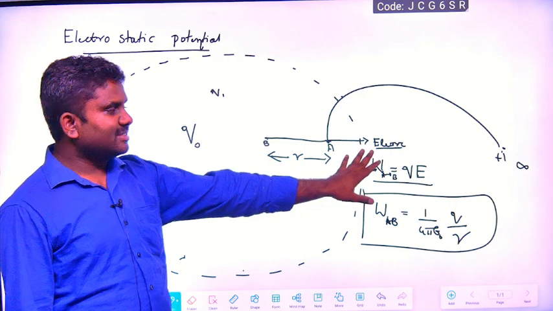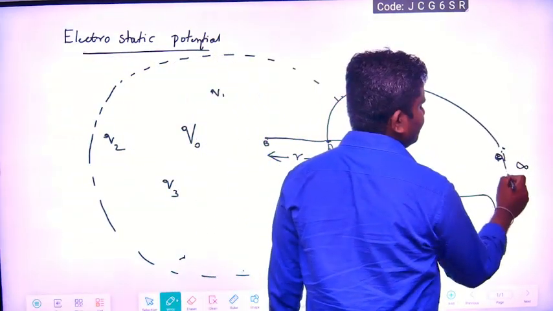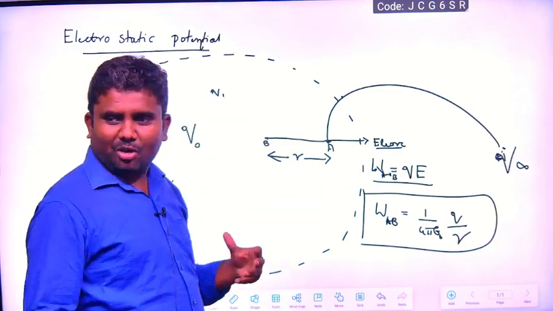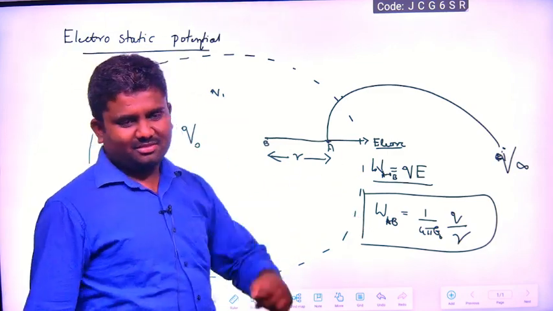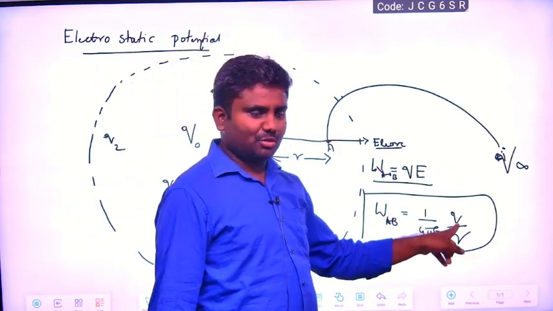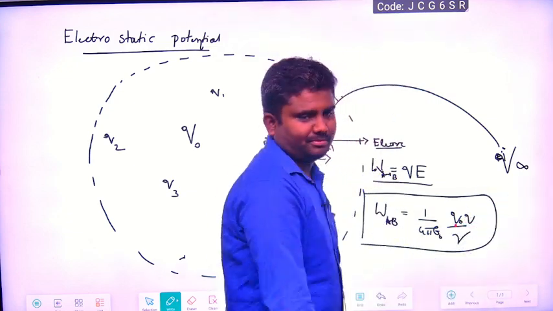You can take any charge, so you can take Q. If you want to bring Q near Q naught, how much work you need to do is this much. Since I took a test charge, it is just 1 Q. If it is some other charge, here Q naught into Q will come.